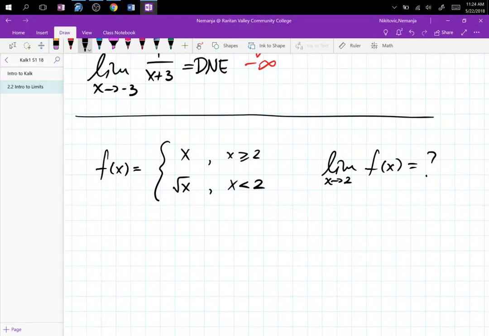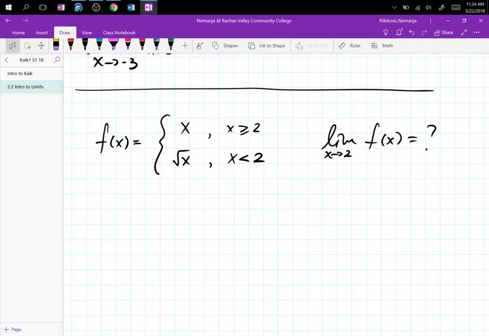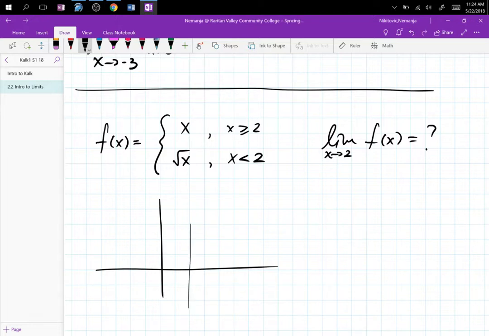All right, so let's graph this just to see what it looks like. So clearly, we have something interesting happening at 2. So I'm just going to put this light line as a guideline to know that one function stays to the left of it and one function stays to the right of it.